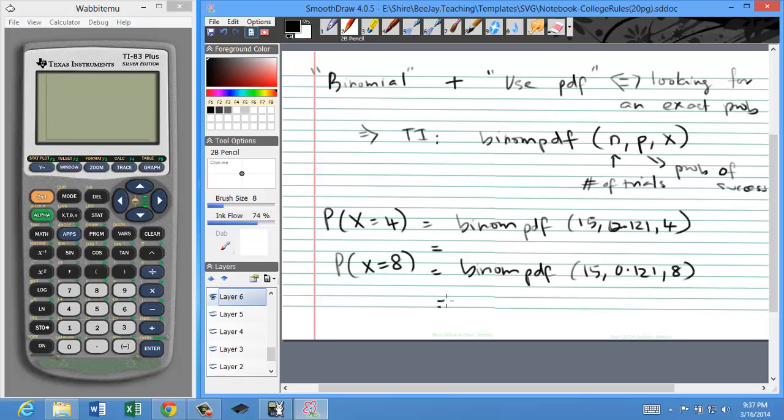Let me show you how we could find these two values quickly using a TI calculator.